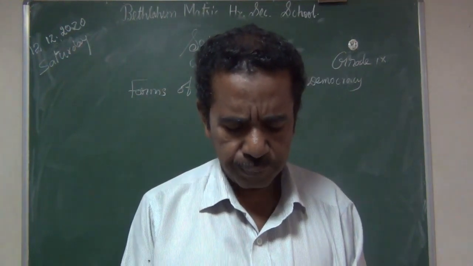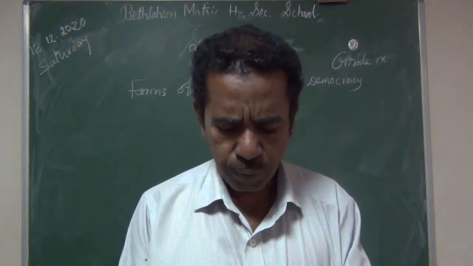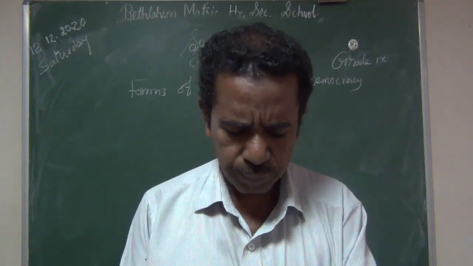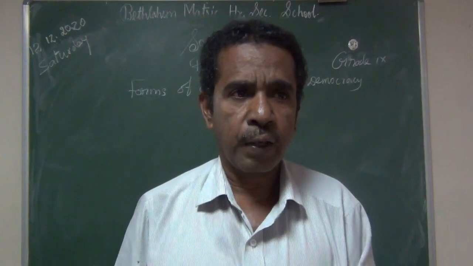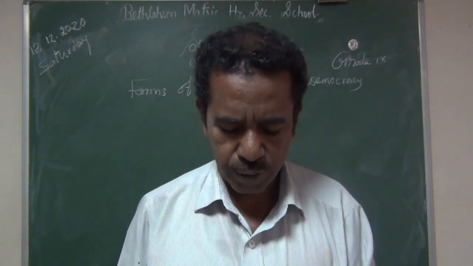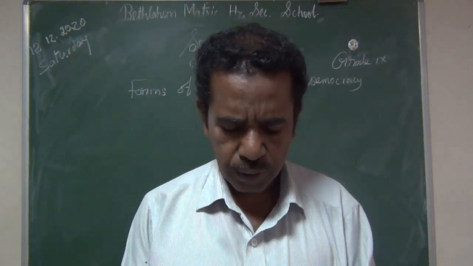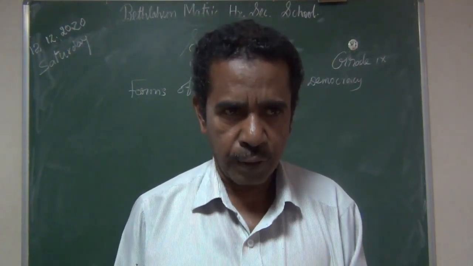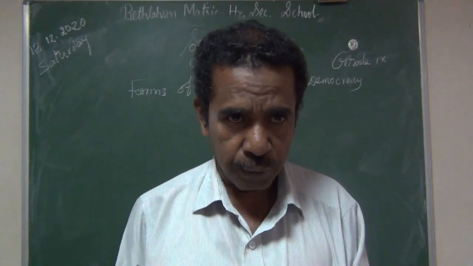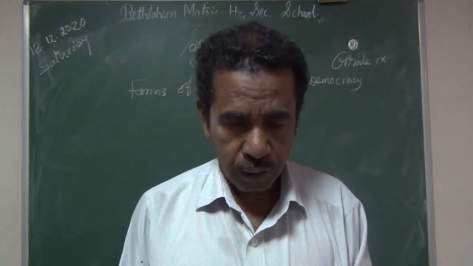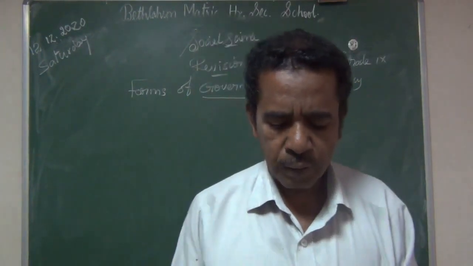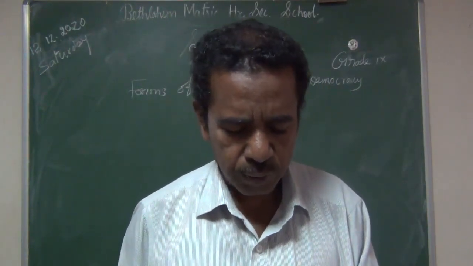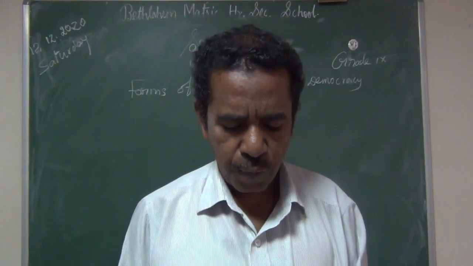Nine points are given. First, empowerment of the poor and illiterates to enjoy the goodness of democracy. Still our democracy is not a successful democracy. If our country is to succeed in democracy, it must follow some conditions.